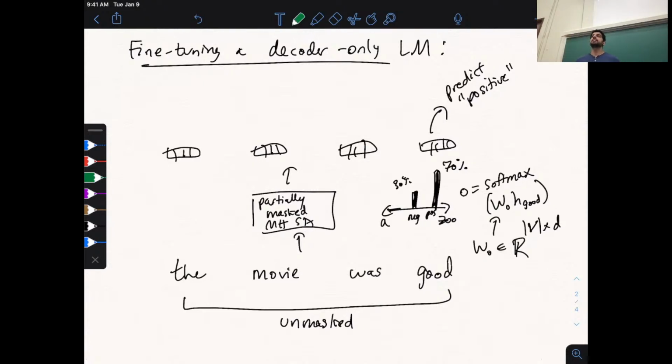What if I had a task where the output was not just a single label like positive or negative, but it was rather an entire sentence? Maybe instead of just predicting the sentiment of the sentence, you had to also explain why you predicted positive or negative, right? In this case, this task cannot be formalized into just a single classifier. You might actually need text to be generated to solve your task.